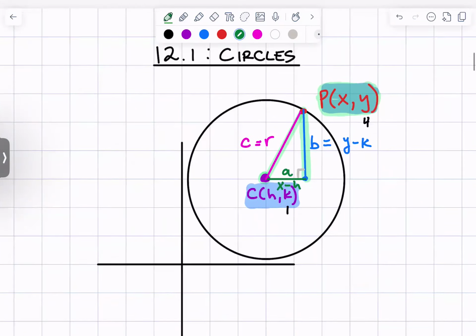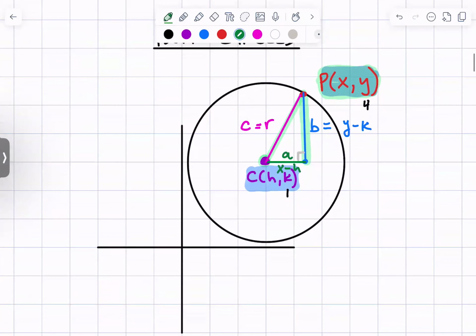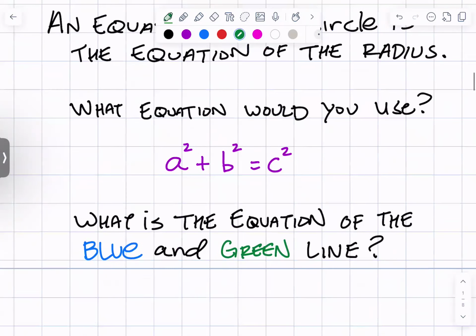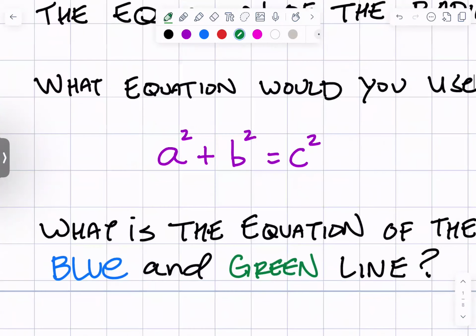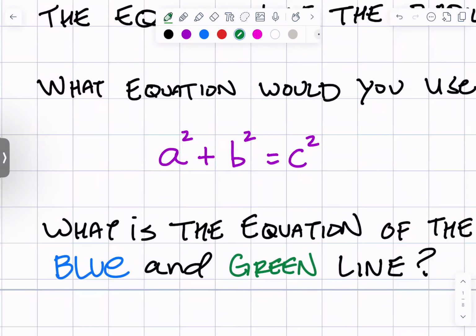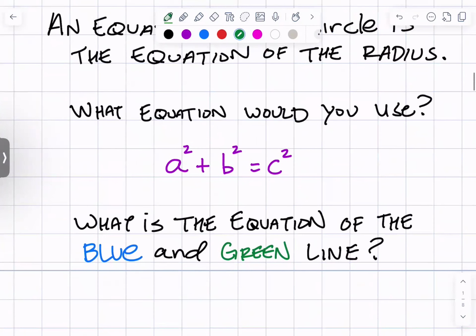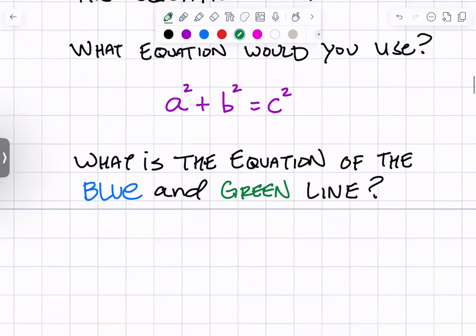Equals r squared, right? Thinking back to my Pythagorean theorem, A squared plus B squared equals C squared. So my A value was X minus H. My B value is Y minus K. So I'm just going to substitute my A and my B for these values here.